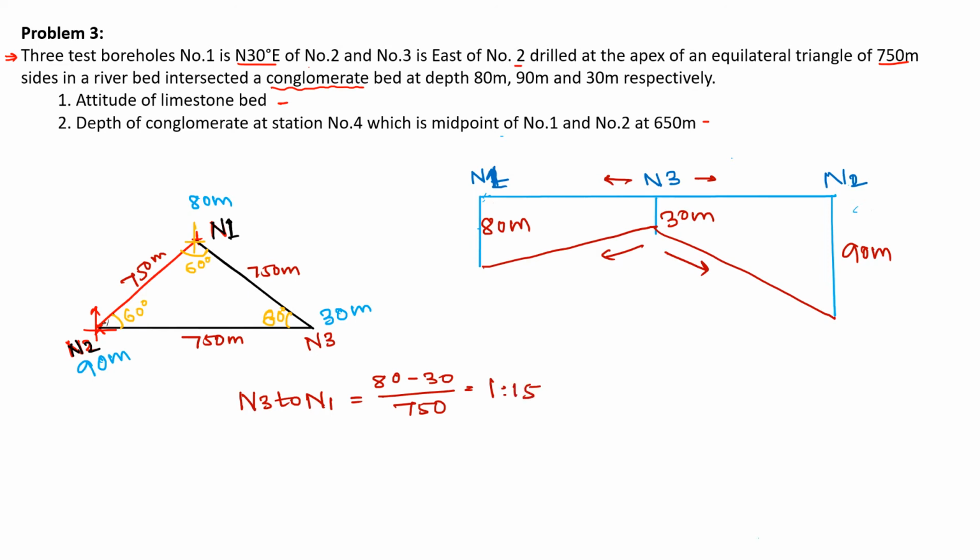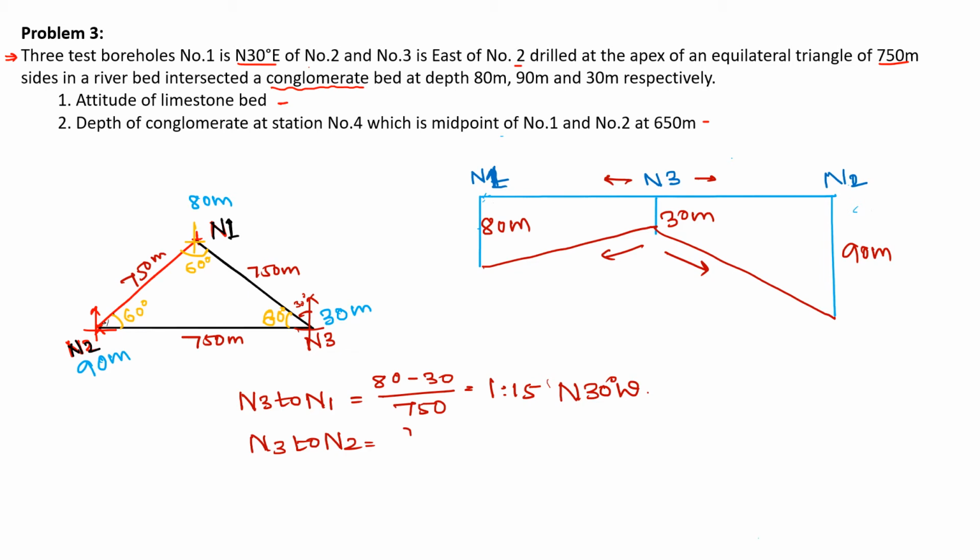Now directions are important. N3 to N1, how much? So here I will plot north, south, east, west line. This is 60, the remainder becomes 30. So we got north 30 west.